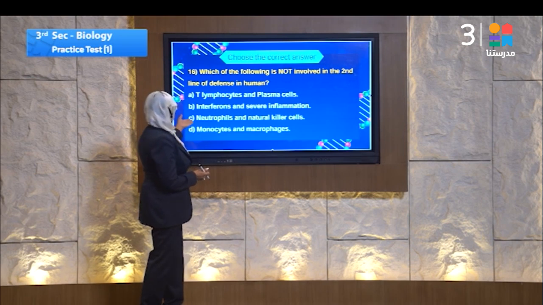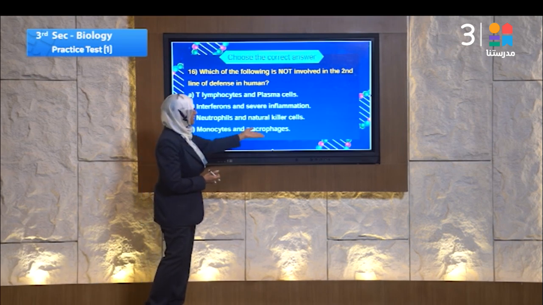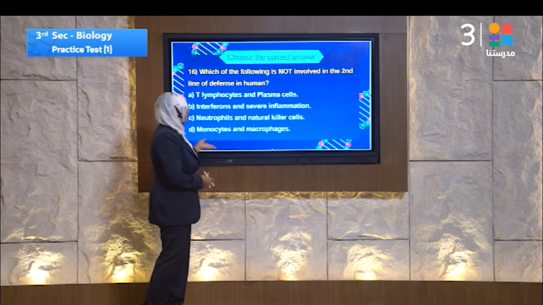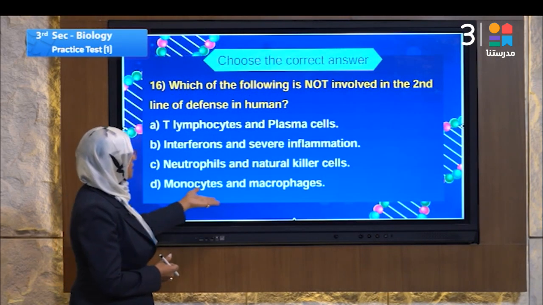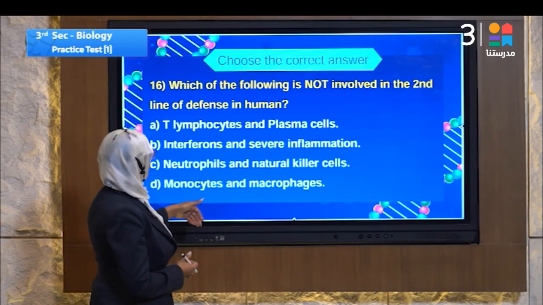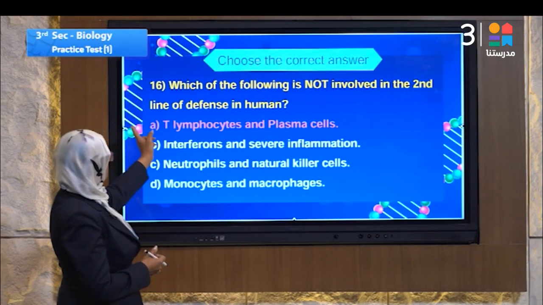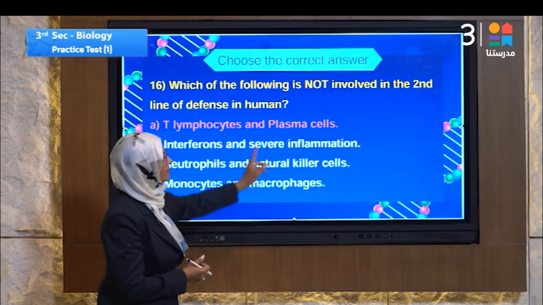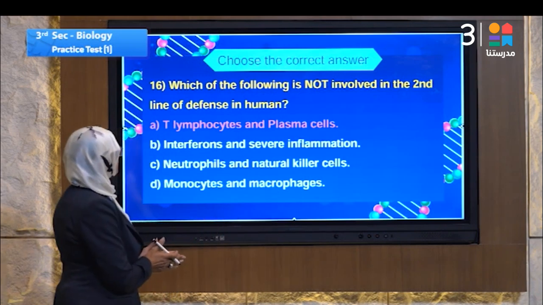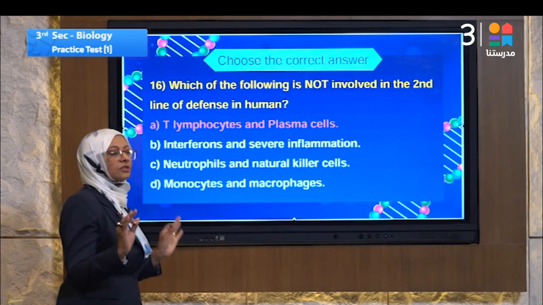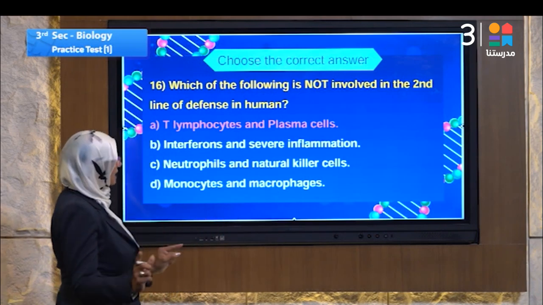Yes. Neutrophils and natural killer cells, that's one. Monocytes and macrophages, all of them are second line except the first one, T lymphocytes and plasma cells. That means the third line, not the second line.